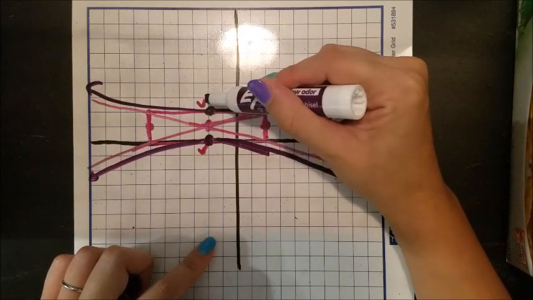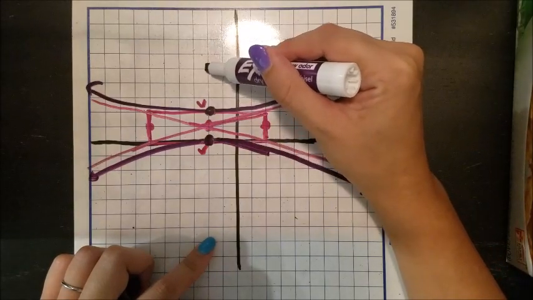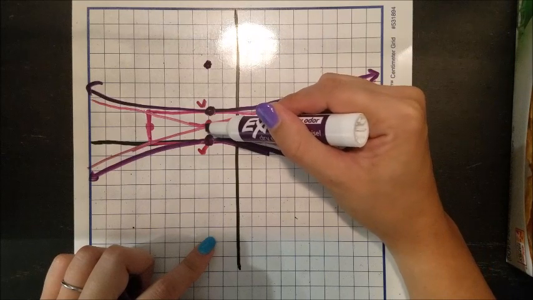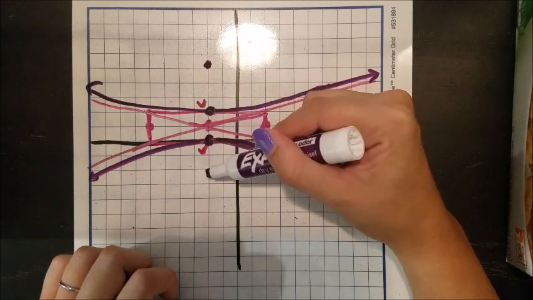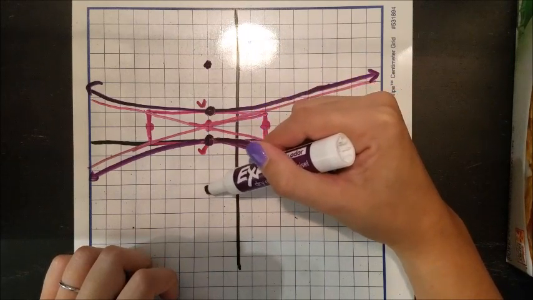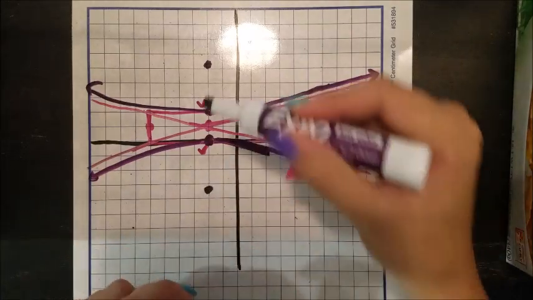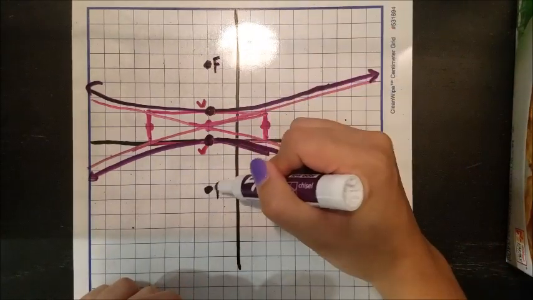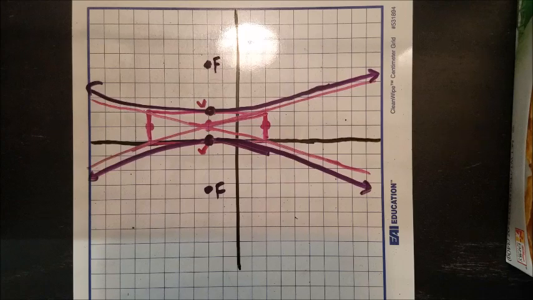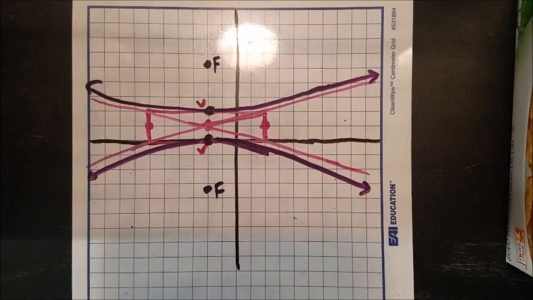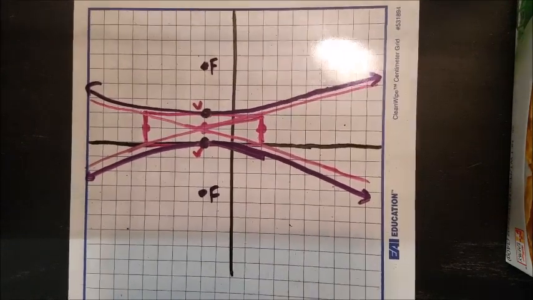So 1, 2, 3, 4, and a little bit, and then again from the center, 1, 2, 3, 4, and a little bit. So my foci this time don't fall on nice numbers. Remember when we write our coordinates for it, it'll look a little different.